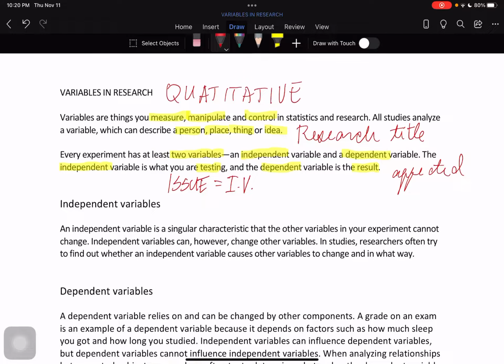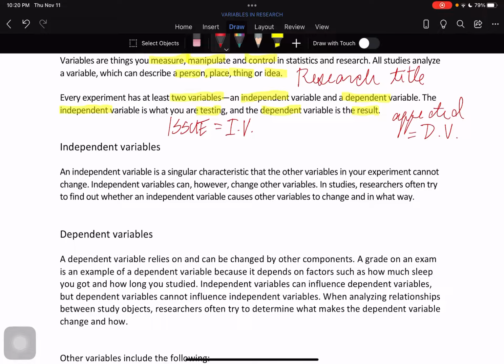So again, this is an overview or a general idea regarding the difference between IV and DV, independent variable and dependent variable.